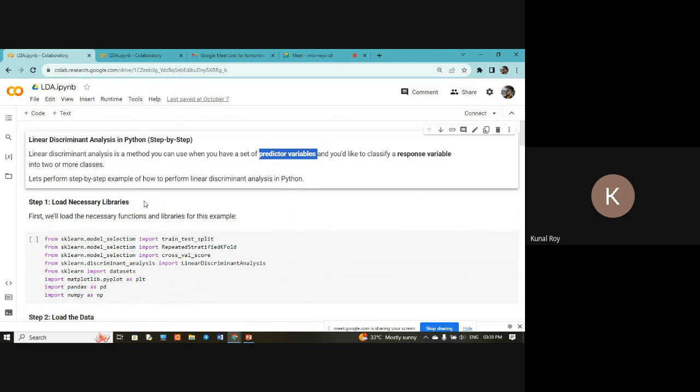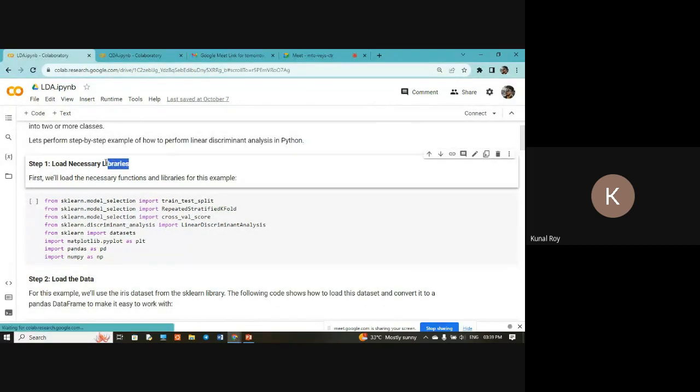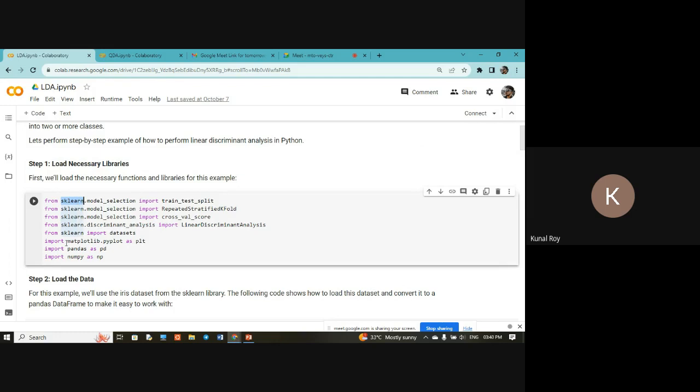So we first move into the 5 steps. The first step is to load the necessary libraries. You have already learned about Python libraries and which package has which libraries. Here we will specifically use sklearn, matplotlib, pandas, and numpy.